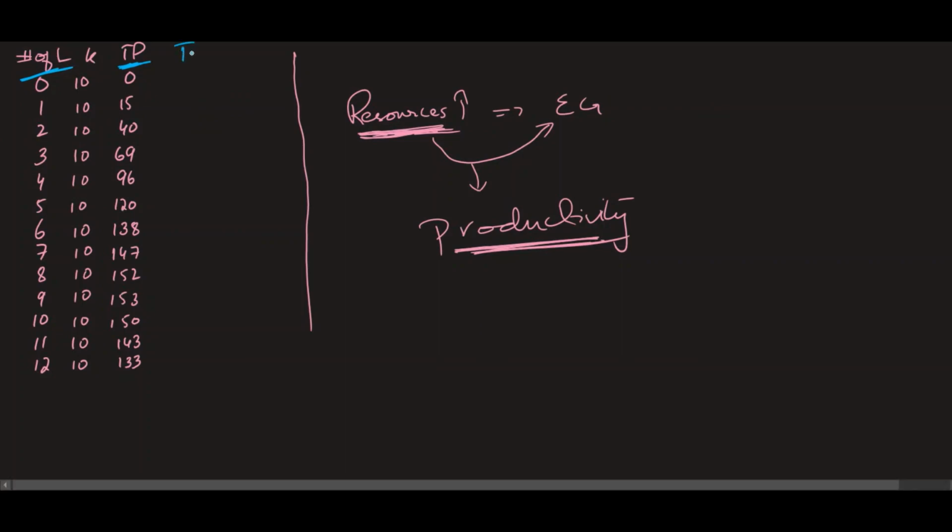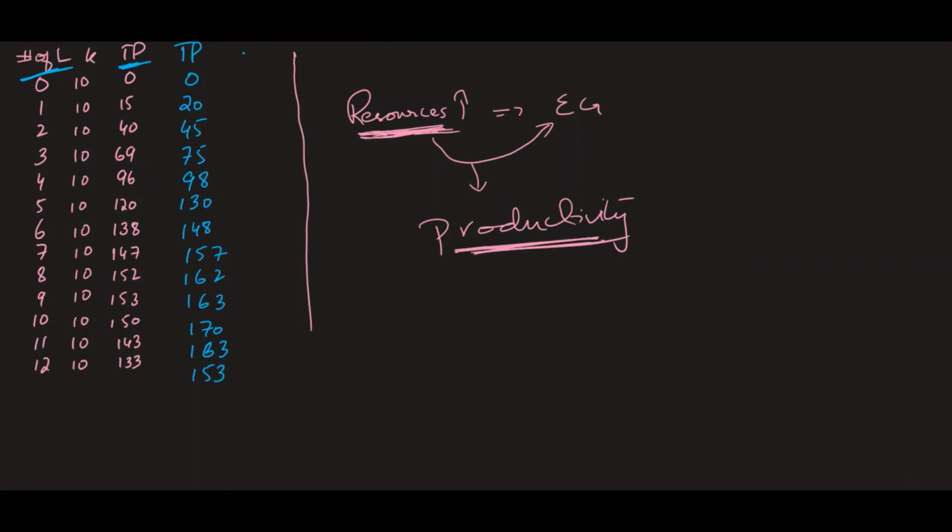Now when the productivity of the labor has increased, the first individual which has been hired is producing 20, the second has also increased the production, and now the total production is 45, the next one is 75, then 90, for example 98, and then 130, 148, 157, 162, 163, 170, 163 again, and then 153. So this may be the new total production.